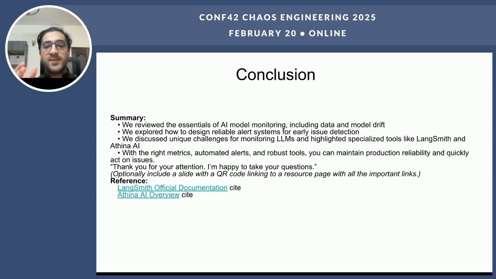But in this short presentation, my goal was simply to explain that monitoring has been happening on two different levels. There's the input that goes into the model, and then there's the output. The change in the input is called data drift, and the change in the output is called model drift.